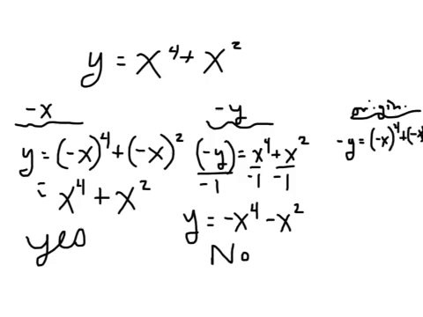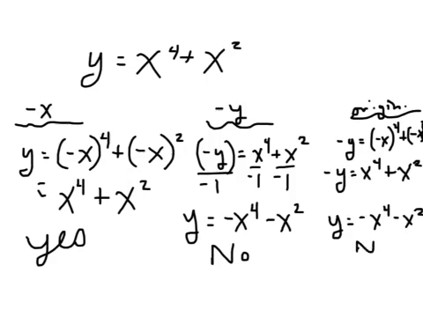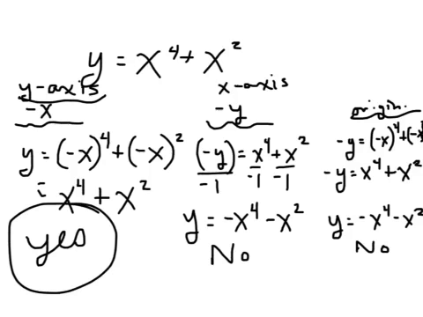Either way, it's not going to have it, because I have negative y equals x to the fourth plus x squared. I'm going to divide everything by negative 1, and I get the same as the last one. So that's the respect to origin. This is the respect to x-axis. And this would be y-axis. So out of the three, we would actually have y-axis symmetry for that problem.